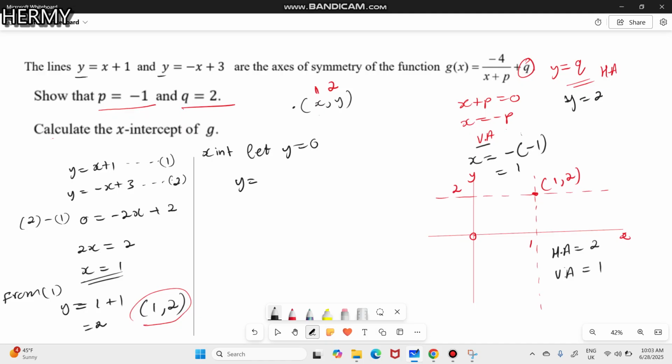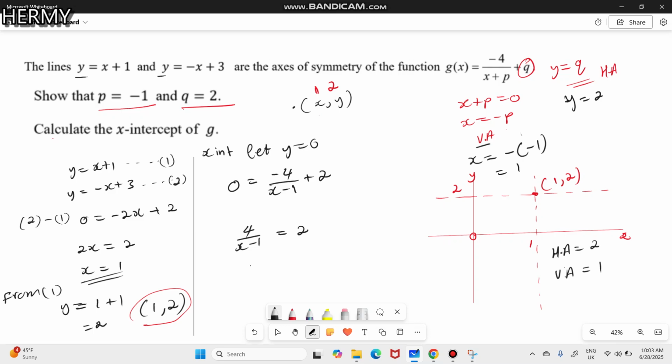From that line, which is y equals negative 4 over x minus 1 plus 2, you let the whole of that thing be 0. Then you take this side: 4 over x minus 1 equals 2. You cross multiply.